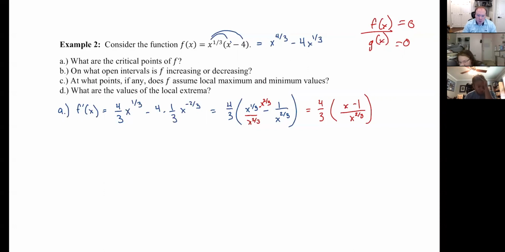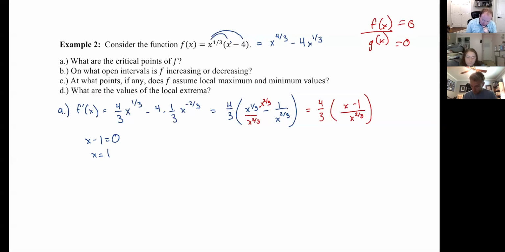This just makes it a little bit easier to figure out my critical points because it's purely in terms of the numerator and denominator. So I'll set the numerator equal to 0, and then I'll set the denominator equal to 0, and that's how I'll obtain all my critical points. So x minus 1 equals 0, x equals 1. That's my critical point where I have some sort of horizontal tangent line.